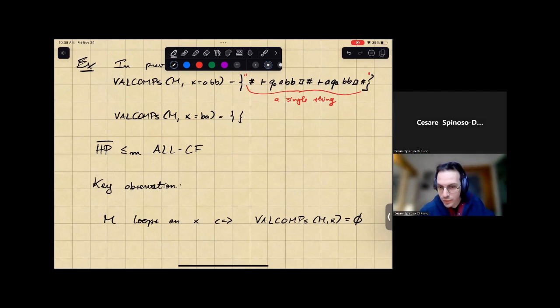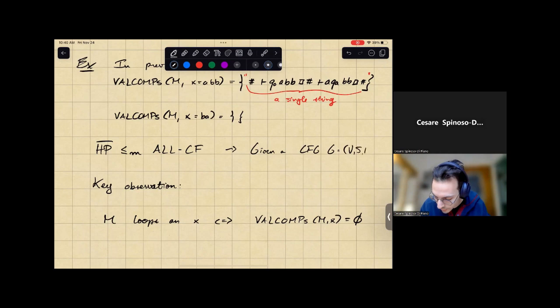at this point, this equality isn't really all that helpful, because remember, the all CF problem asks: given a context-free grammar G, which I'll write out explicitly, is a 4-tuple of variables, a start variable, a set of terminals.